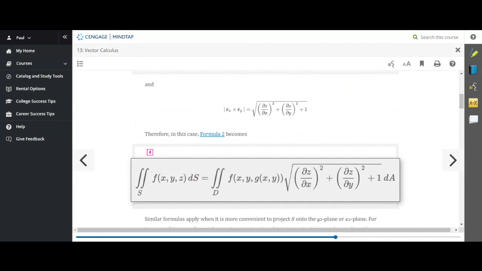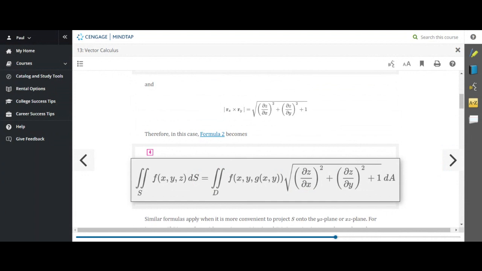So it's important to be aware of it, because sometimes the help aids, the watch-it videos, mention this formula. But it only works if z is a function of x and y. Now it would work also if x were a function of y and z. You can adapt the formula appropriately.